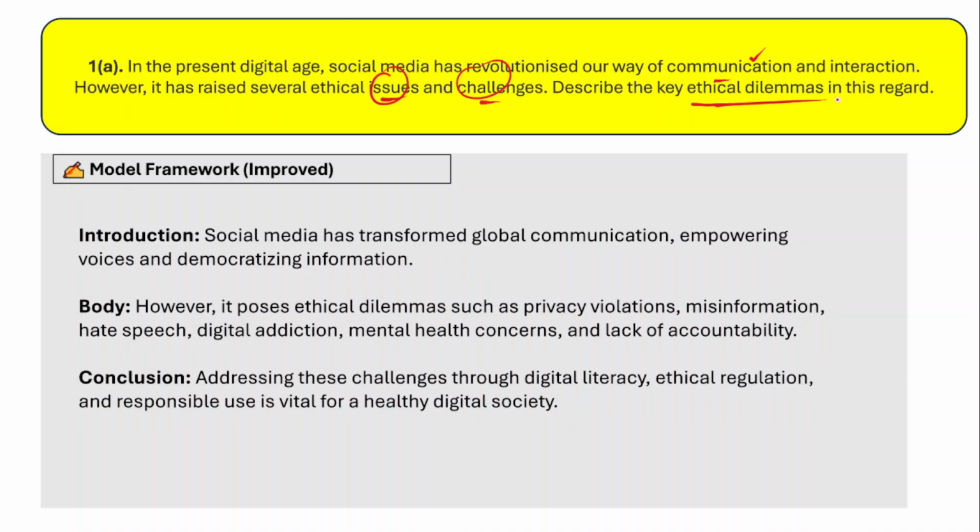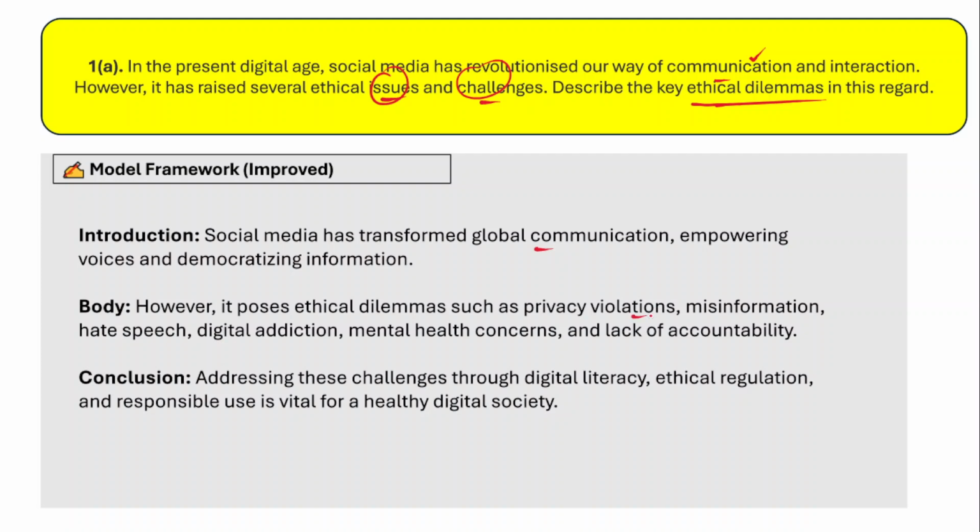Now in the introduction, you just briefly introduce the good side of social media. Social media has transformed global communication, it has empowered the voices of the people, and it has also led to the democratization of information. This is the good side of social media. In the body part of the answer, you need to write the ethical dilemmas, because the question has asked about them.